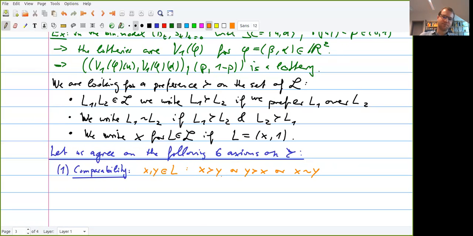Okay. So this is, of course, an assumption, but I think it's a fair one. If I tell you you get certainly 100 euros or you get certainly 200 euros, I can assume that you can decide which amount of money you prefer.